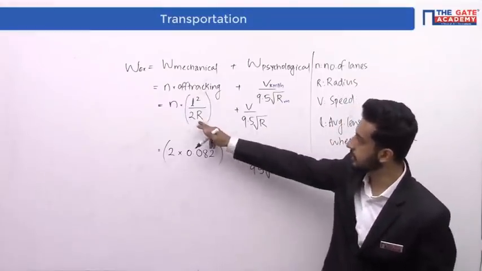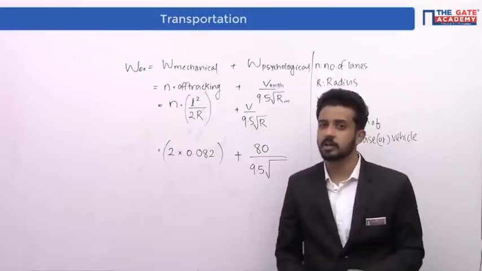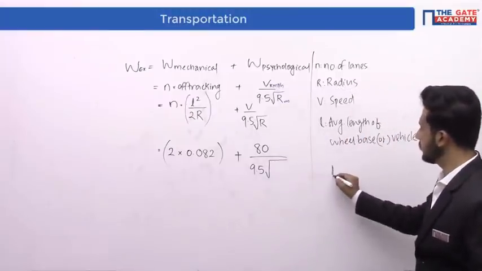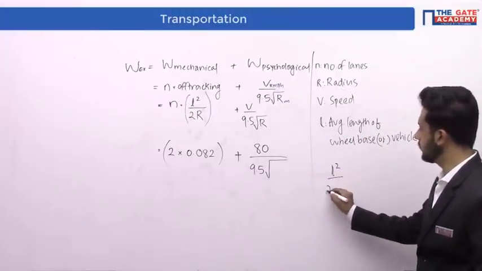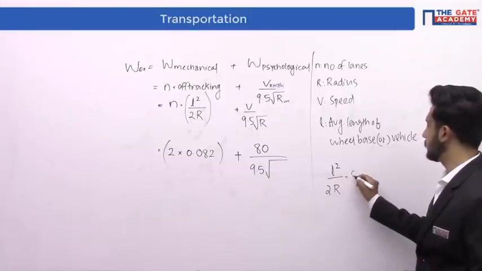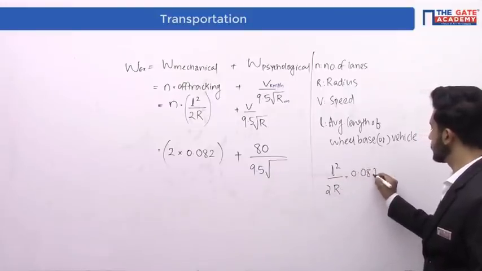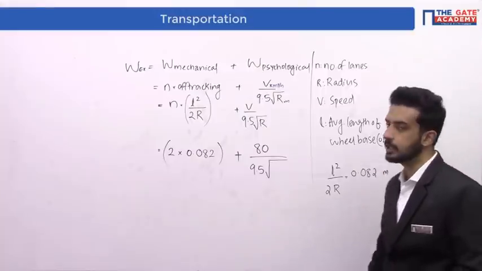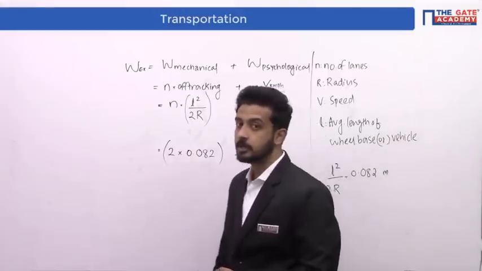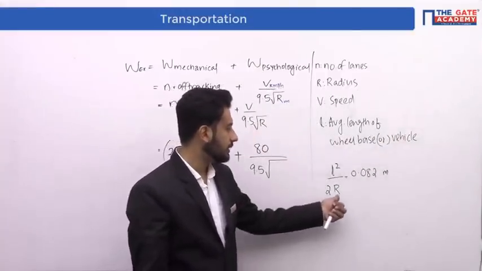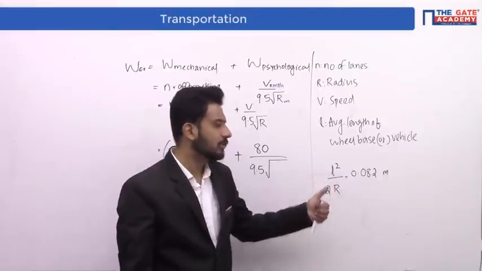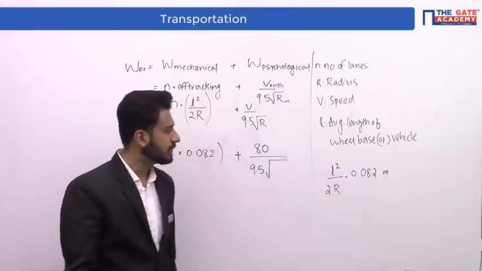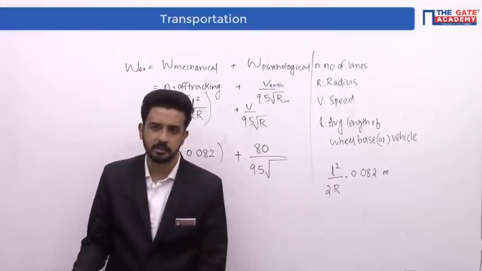In this expression R is there, so we can find the value of R. But to find R, we should know L. Have they given any length of vehicle in the question?